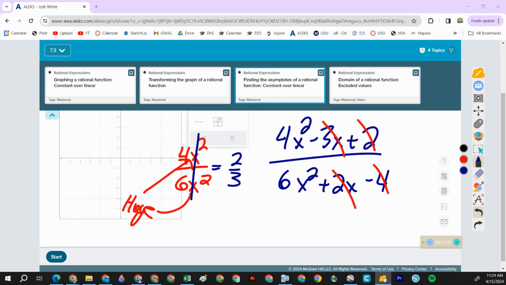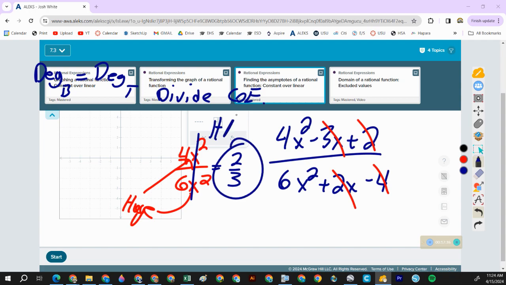So, if the degree of the bottom is equal to the degree of the top, divide the coefficients, and that is your HA. What does that mean?